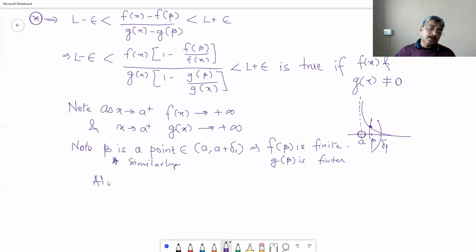Also note that both of them are positive.